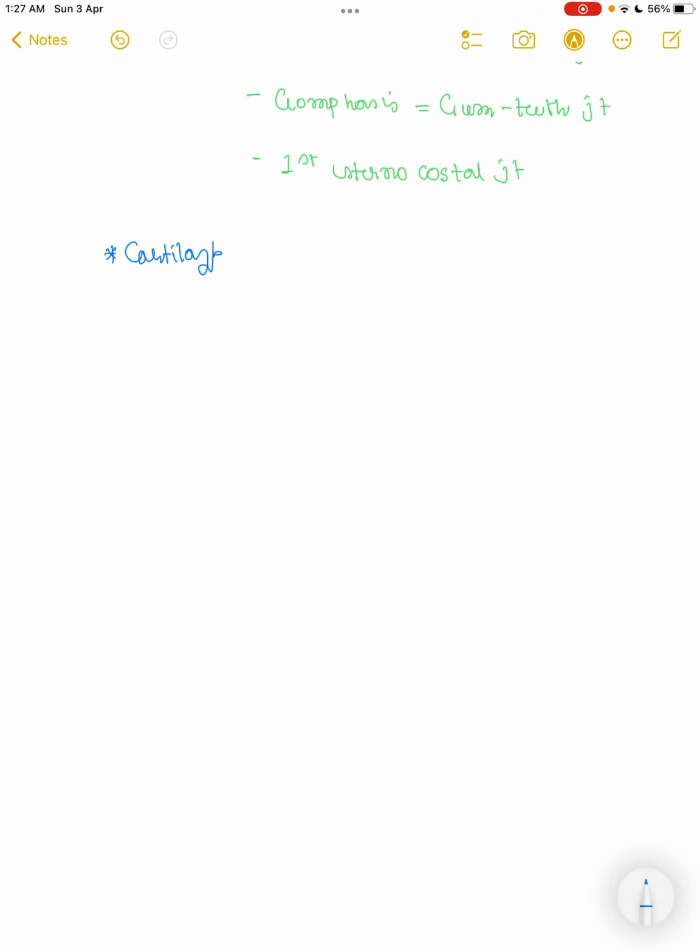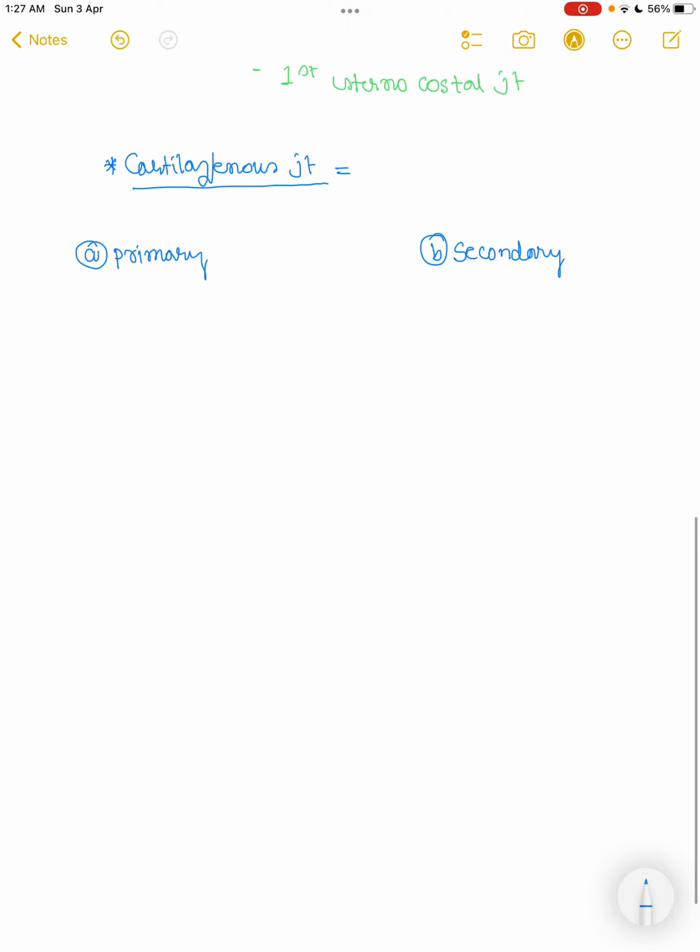The cartilaginous joint is of two types. Firstly, the primary cartilaginous joint and the secondary cartilaginous joint. Okay, what is the difference? In the case of primary, this is the bone, this is the bone.